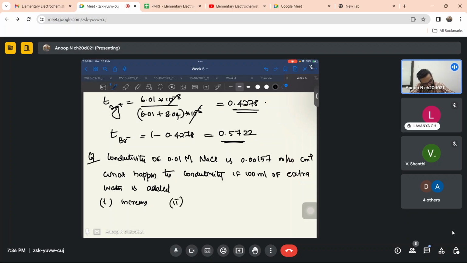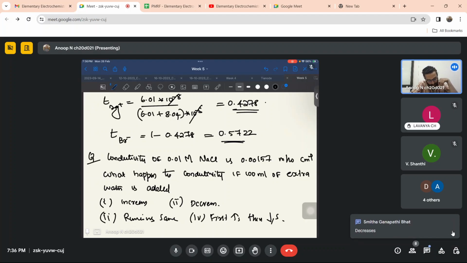The second option is decreases. Third option is remains same. Fourth option is first increases, then decreases. So what will be the answer? Conductivity, whether it will increase or decrease if you dilute, or it will remain same, or will first go up and then decrease.